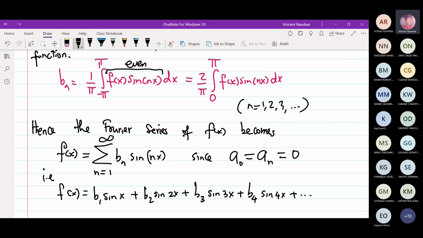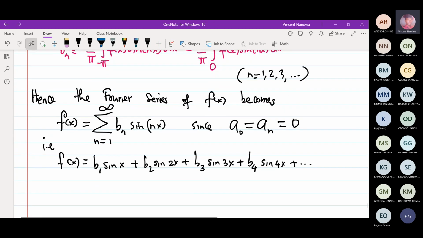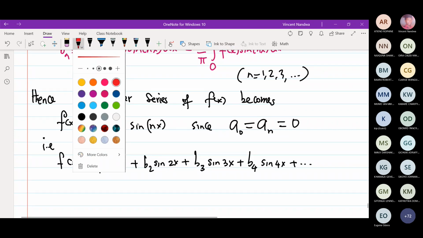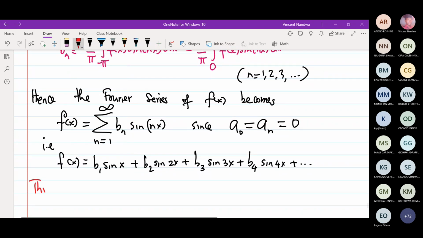This is what we call the Fourier sine series.